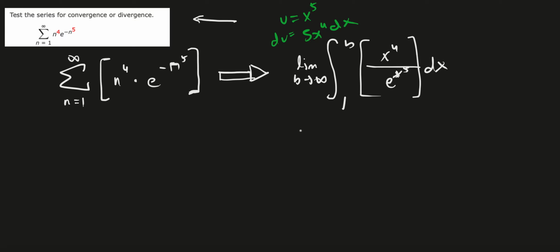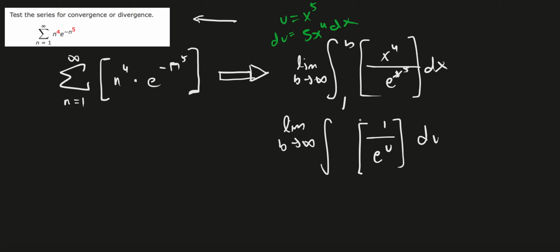So this is just going to be the limit as b approaches infinity, and we'll not worry about the bounds of integration. This will just be 1 over e to the u du. Hopefully that made sense. x to the fourth dx.